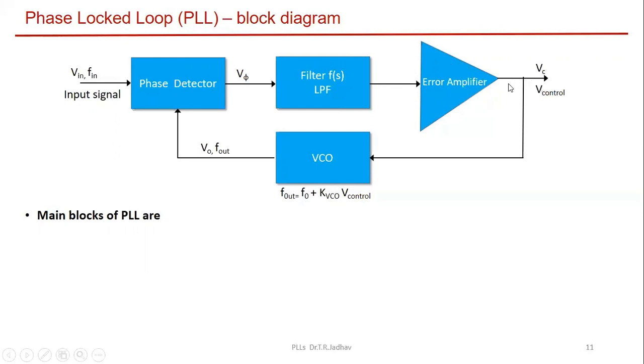The output of error amplifier, which is available as a demodulated signal, that is V control, also goes internally to the internal voltage controlled oscillator, and the VCO output we again give to the phase detector. Don't forget, this is a feedback system, loop system, and that's why the output of VCO is always given to the phase detector.